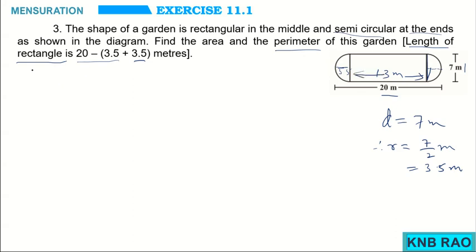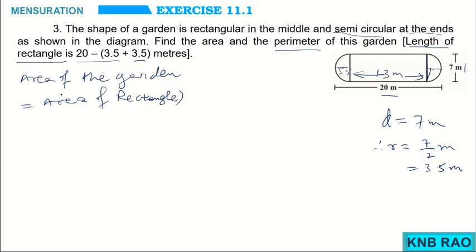Now children, if you want to find out the area of the garden, then you have to add the area of the rectangle to the areas of two semicircles.